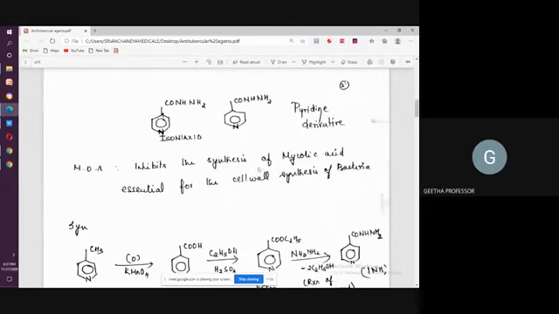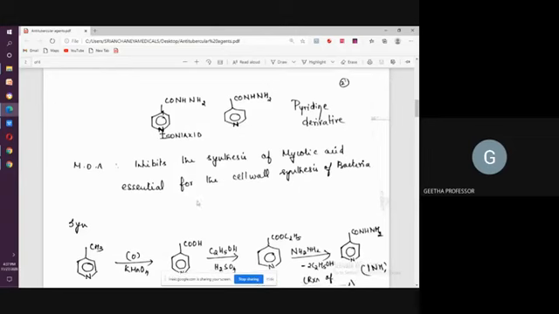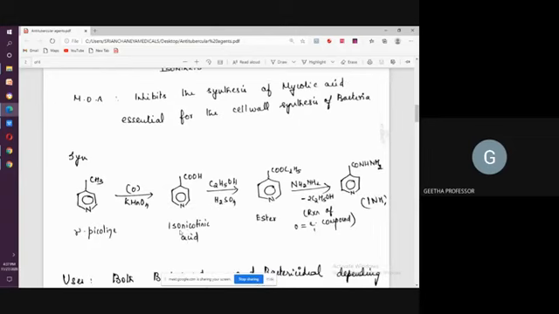Isonicotinic acid is an isomer of nicotinic acid, otherwise called pyridine 4 carboxylic acid. It is converted into an ester followed by addition reaction. Here we concentrate on the functional group addition reaction of ketone to get the product. Somehow we need to remember, so we have to make some clues and practice it.